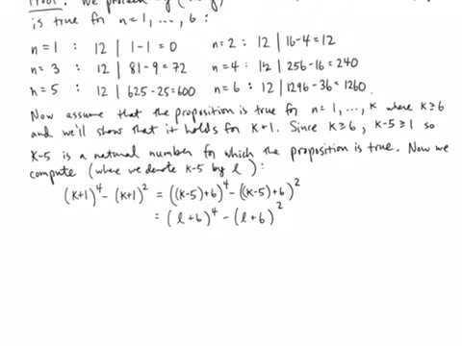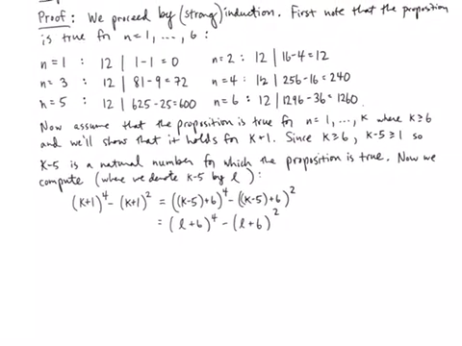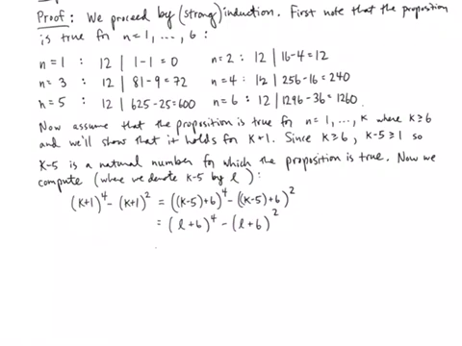Okay, so now we have this to compute, and you've got to do this fourth power of L plus 6. So what that comes out to be is L to the fourth plus 4 times L to the third times 6.